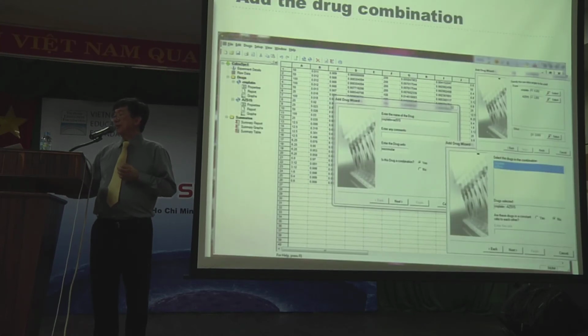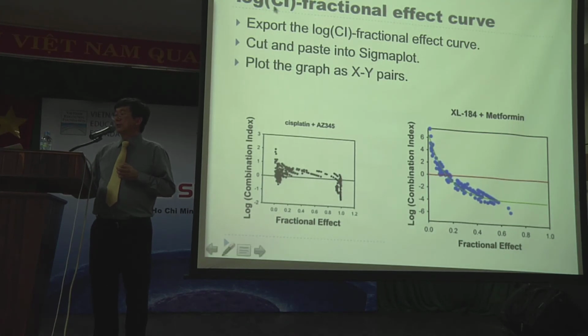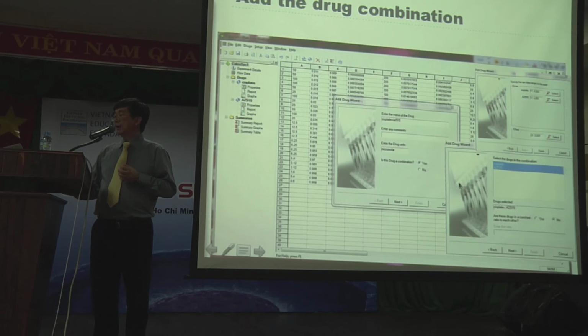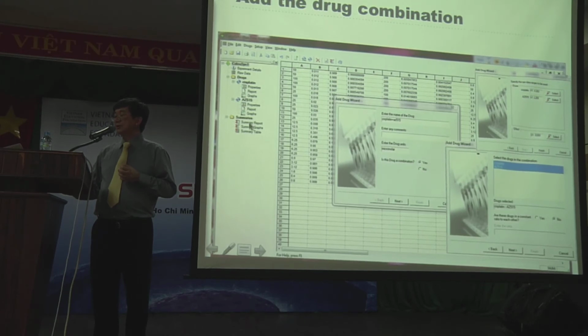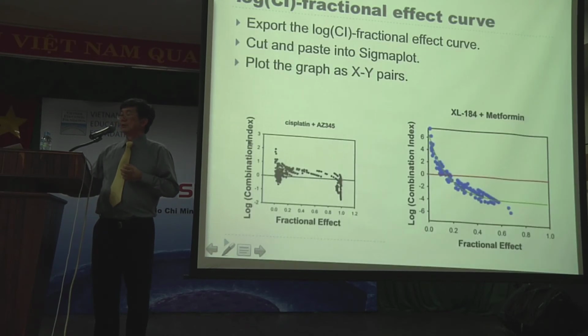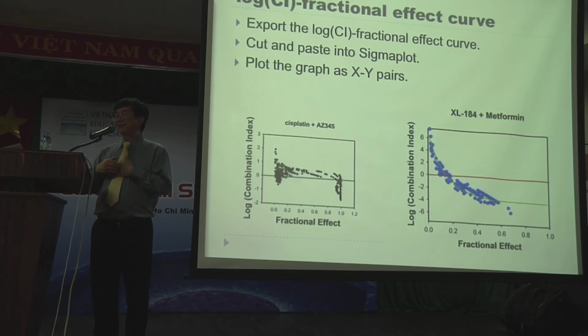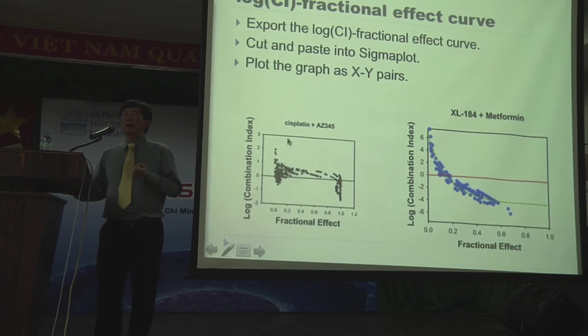Then the program would come up with the results in the form of graphs. The graph output from the program CalcuSyn is not very appealing, so I always export the data to use SigmaPlot to replot it.